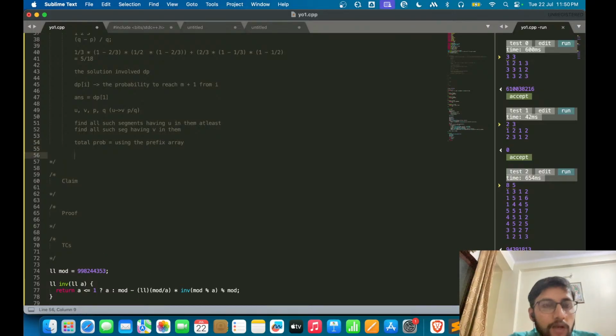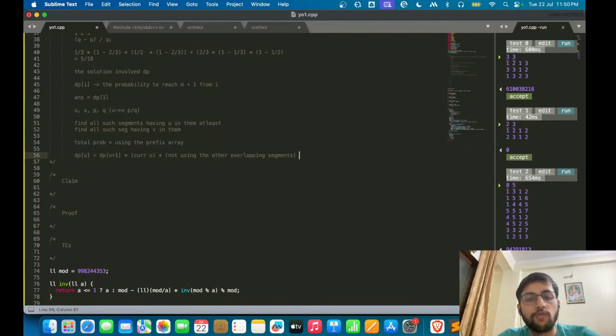So basically dp of u will be dp of v plus 1 into the probability of the current u, not using the other overlapping segments. This was basically the main idea.